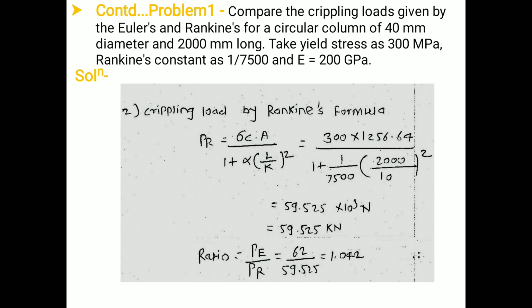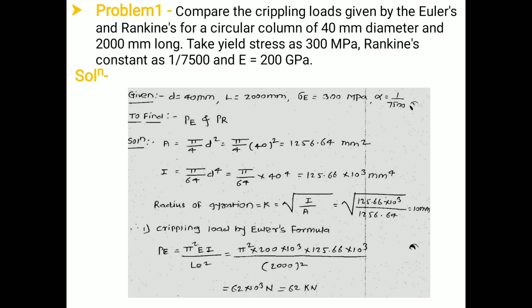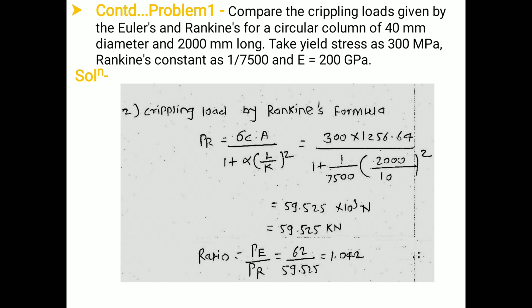So this is the difference between the crippling load given by Euler's formula, 62 kilonewton, and the crippling load given by Rankine, 59.525 kilonewton. If we take the ratio of both values, we have 1.042 as the ratio of these two. The difference is nothing but this one.